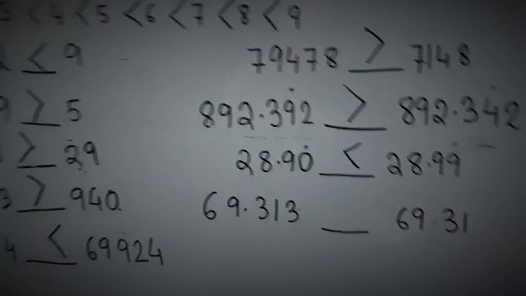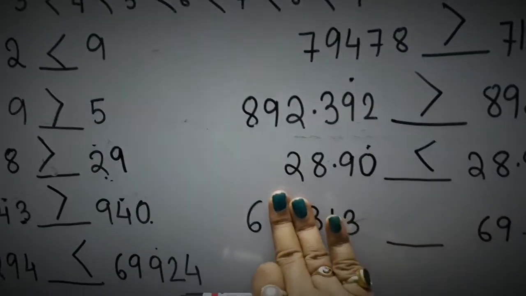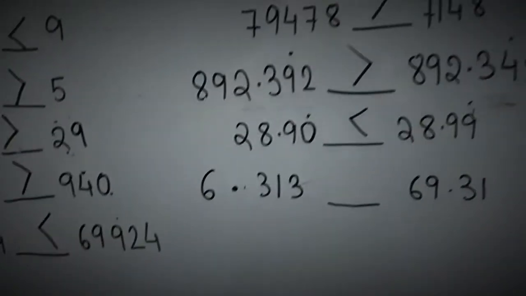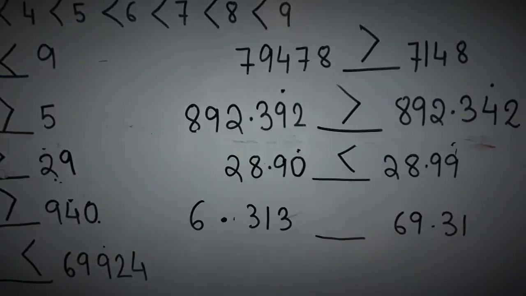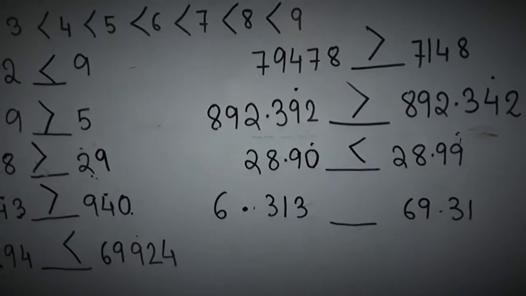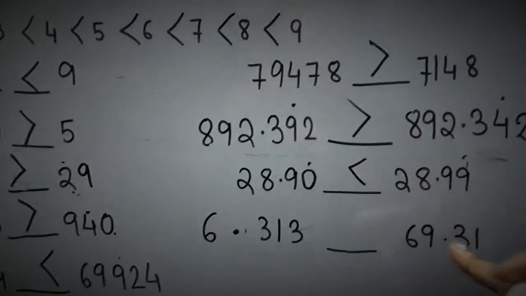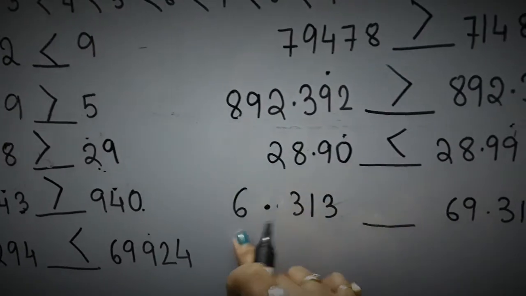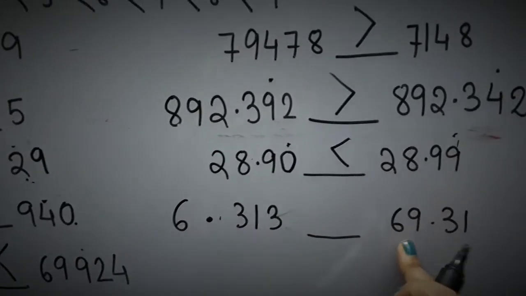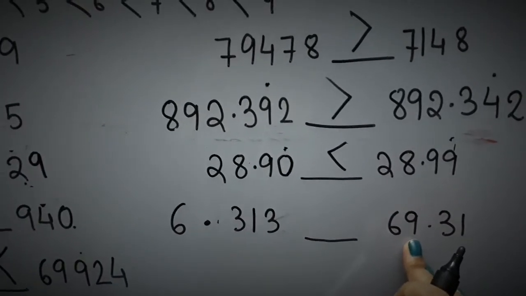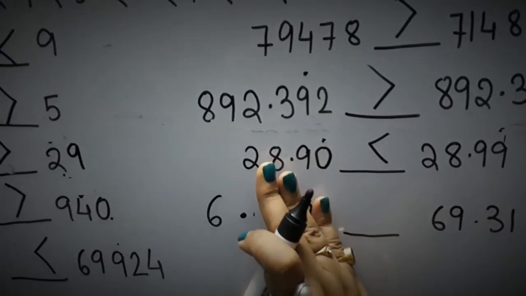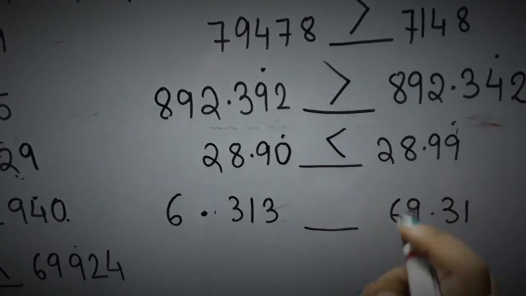Yes, that is greater. Now suppose there are some sums like this, 6.319, and here it is 69. What will you say? Here is also 4 digits, here is also 4 digits. Ma'am, which is greater? That time, before the point, first you match: 6, 6 same, but then after 6 there is a point here, but after 6 there is a 9 there. Which is greater? Forget about this one, forget about this one. That means this is greater.